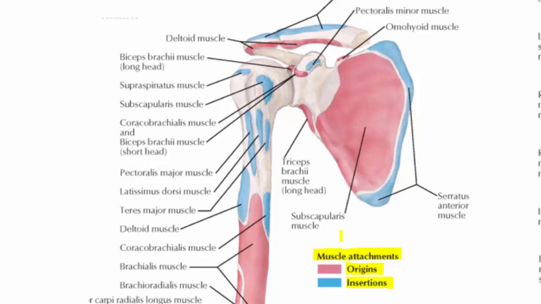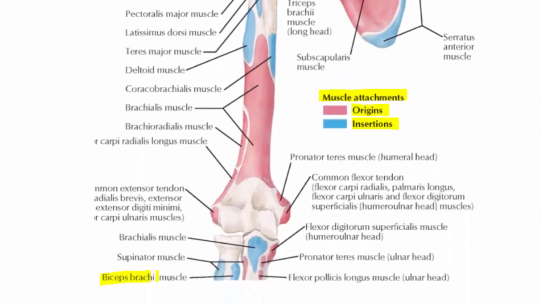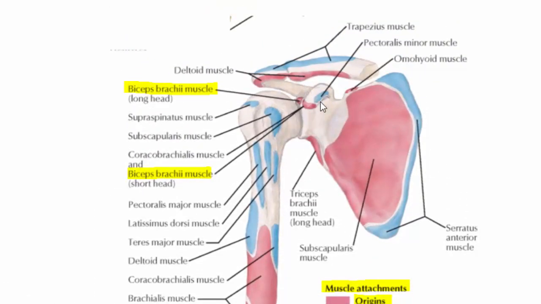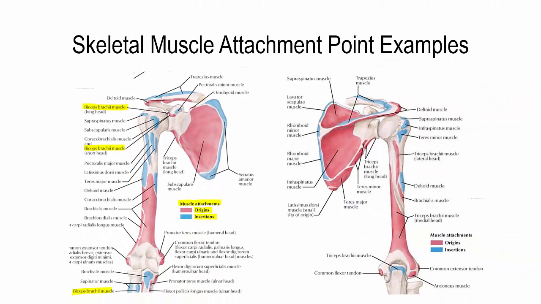So we see that these red points right here are the origins of the biceps brachii muscle, and the insertion is down here on one of the forearm bones. So this is the radius. You can see that it's got its insertion down here at the radius, and its origin is up here actually on the scapula. So that would be an example of a muscle's origin and insertion.